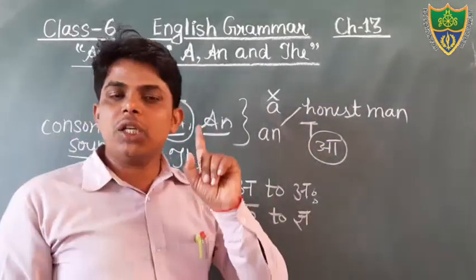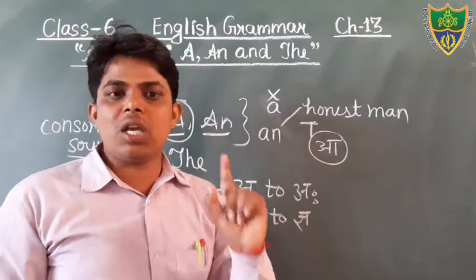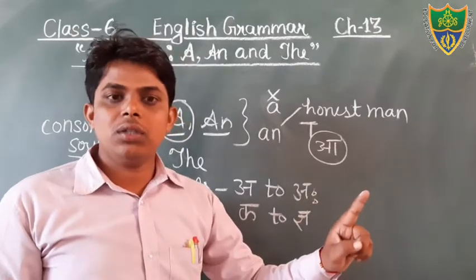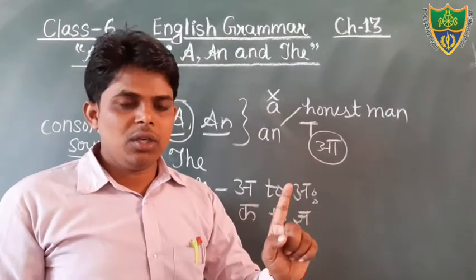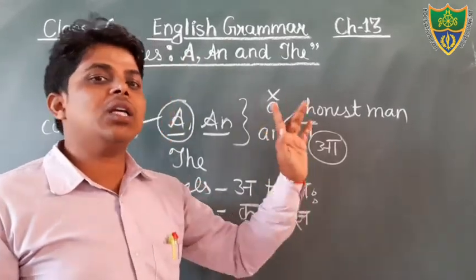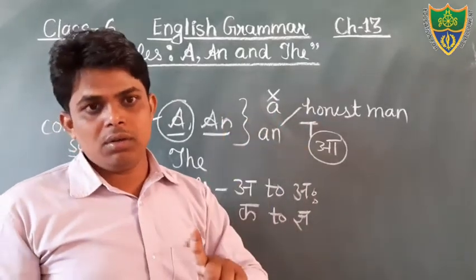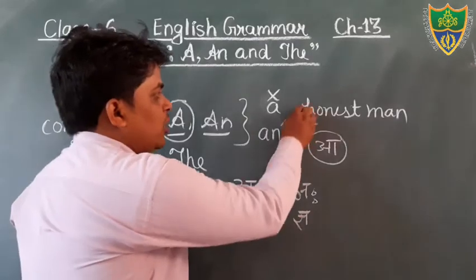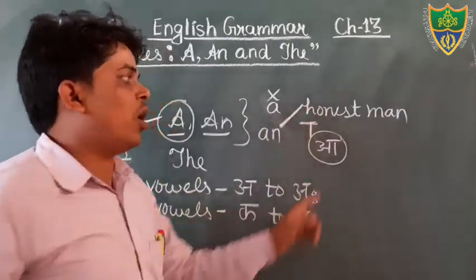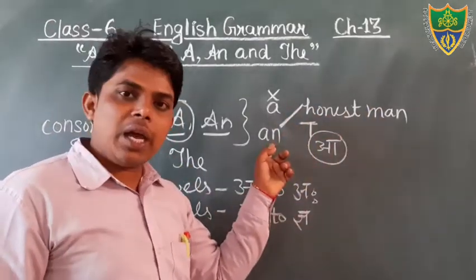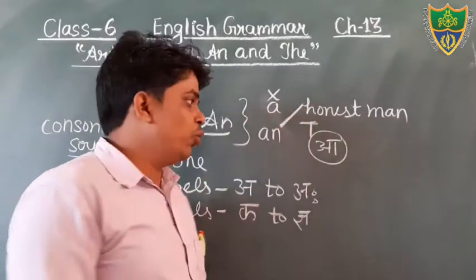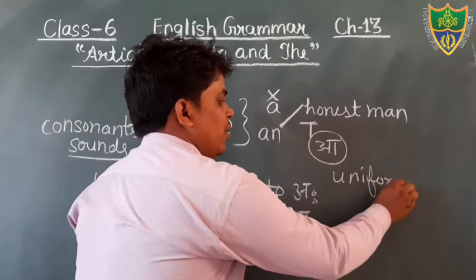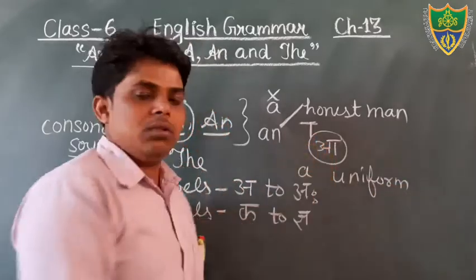Okay, students, so keep in your mind the Hindi sounds, from a to au, from ka to gya, then you can use the articles a and an correctly. Just before the noun honest man we will use the article an, before the word uniform we will use the article a.